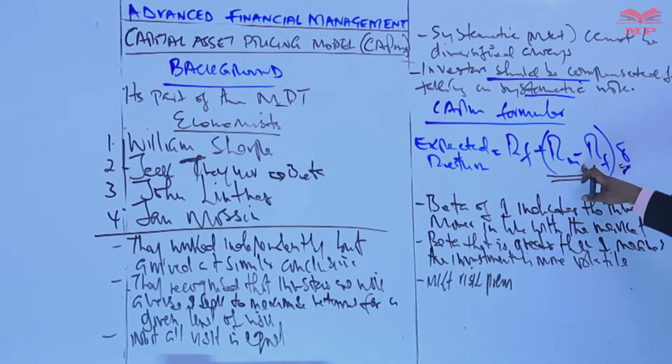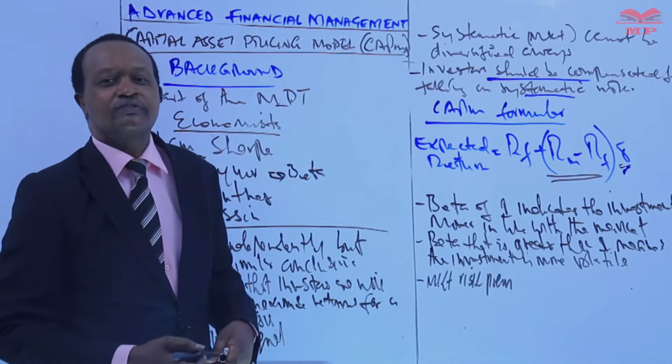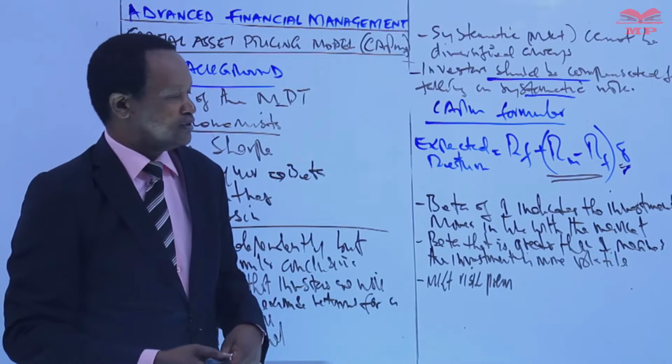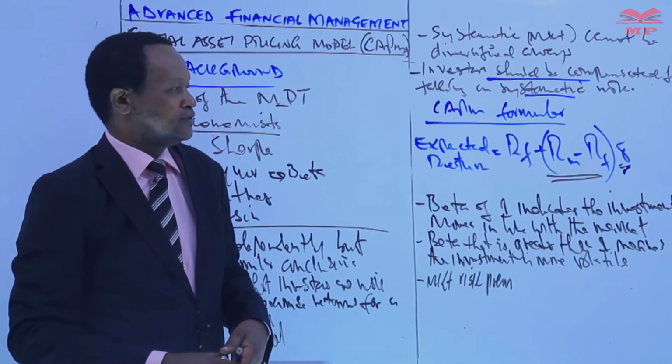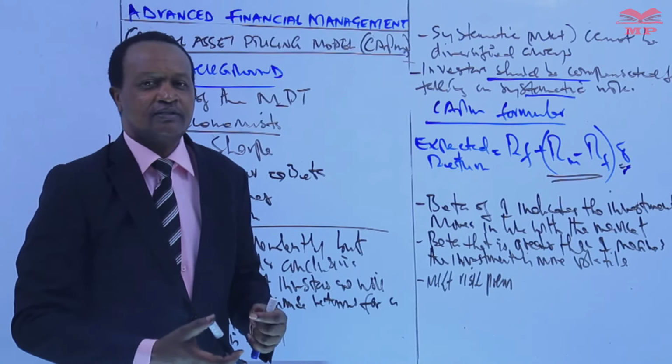And you can see, candidates, how the CAPM concept is simple. It is just that simple. That's why it's very popular. The reason why CAPM is popular is because of its simplicity.